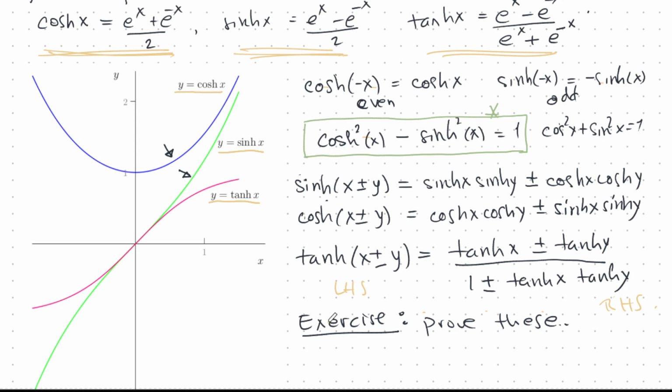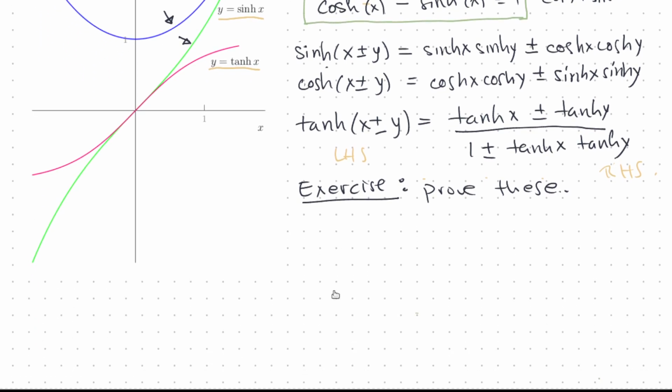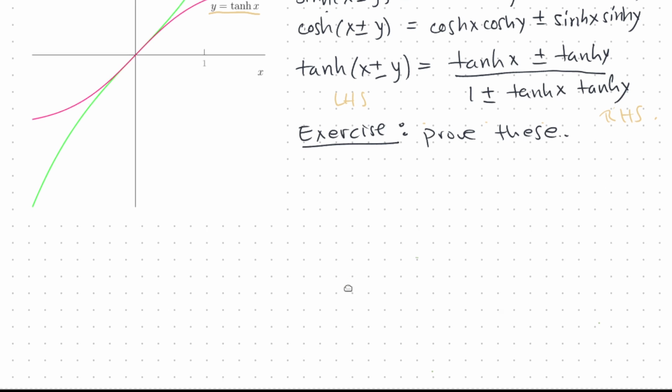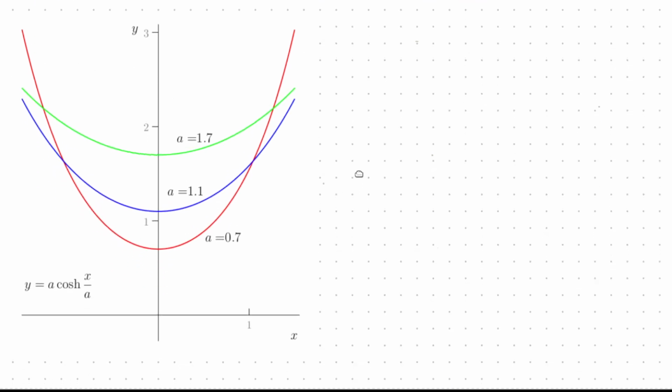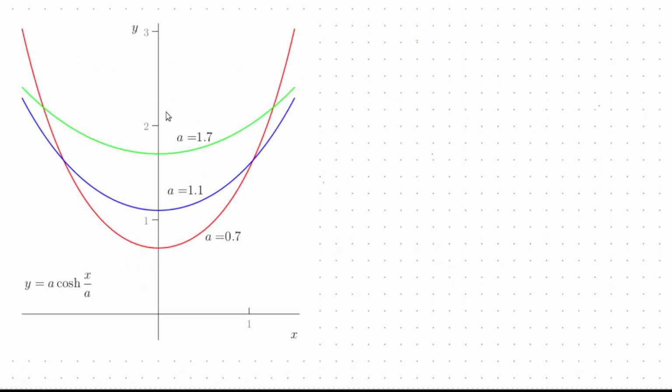So now that we know what cosh is, we know that it's a hyperbolic function. So now let's look at some catenary curves. Okay, so here's a whole bunch of them right here, for different values of a. So we have a cosh x over a for different values of a.